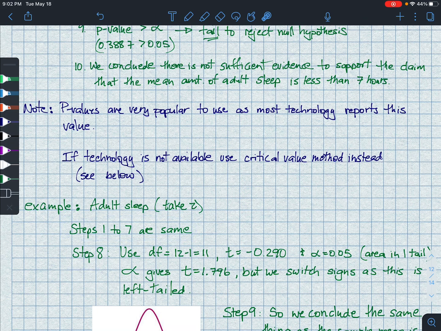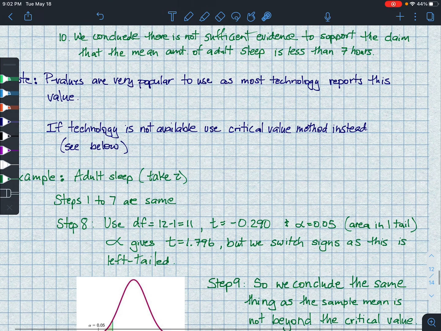Step 8. So now we use our degrees of freedom, our t-value of negative 0.290. Alpha is 0.05. That's the area in one tail. And if I look that up in the chart, I'm going to get t equals 1.796. Be careful.